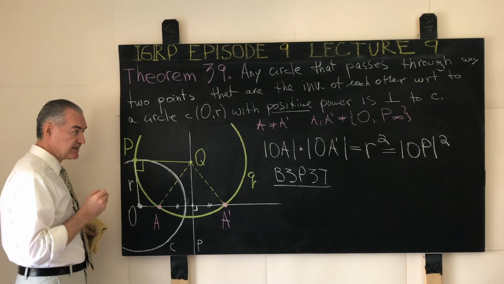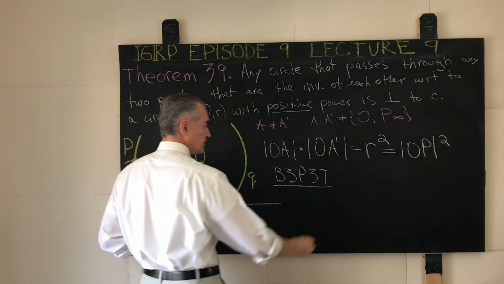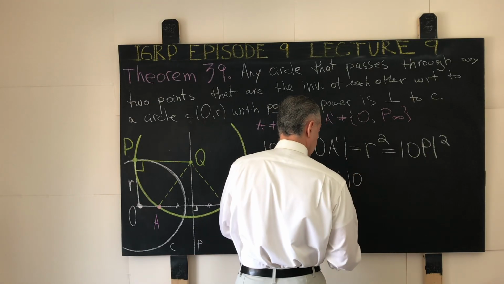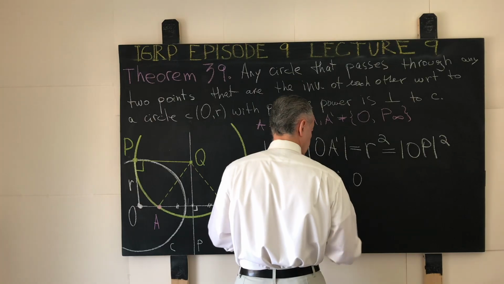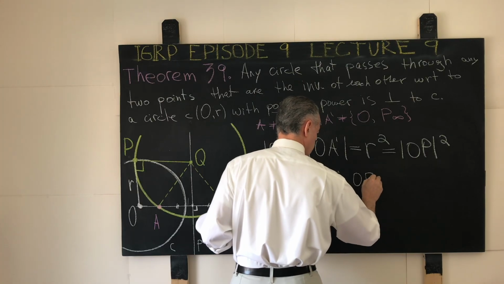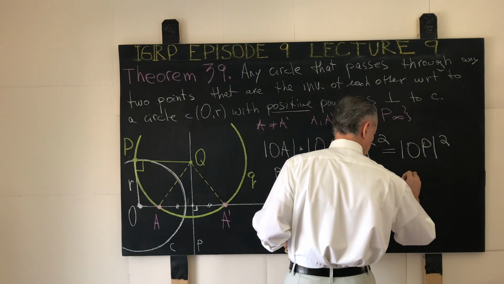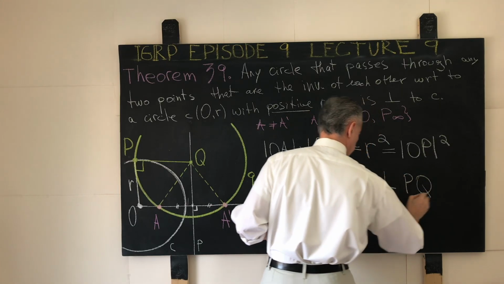Is precisely tangent. It means that over here, the line segment OP is perpendicular to the line segment PQ.